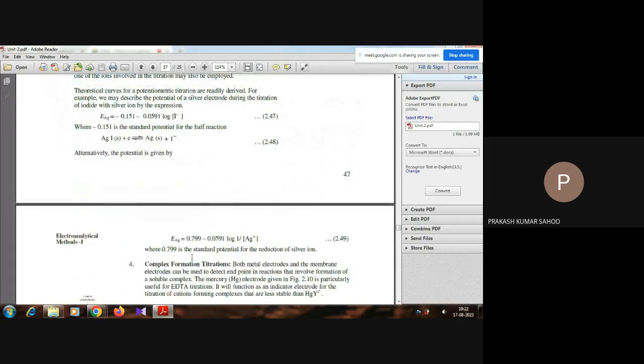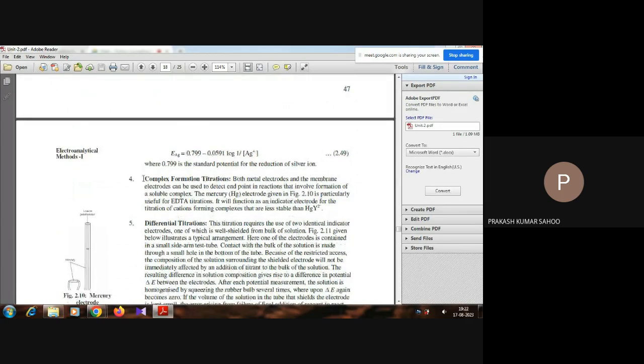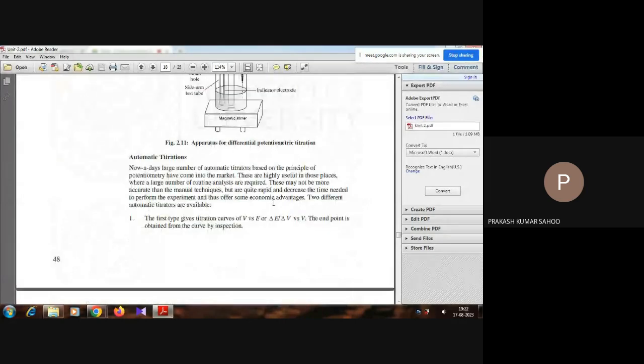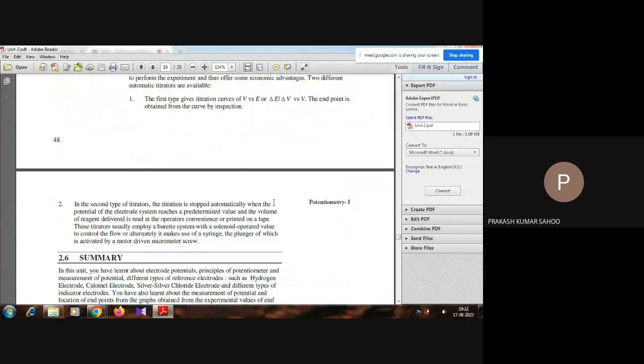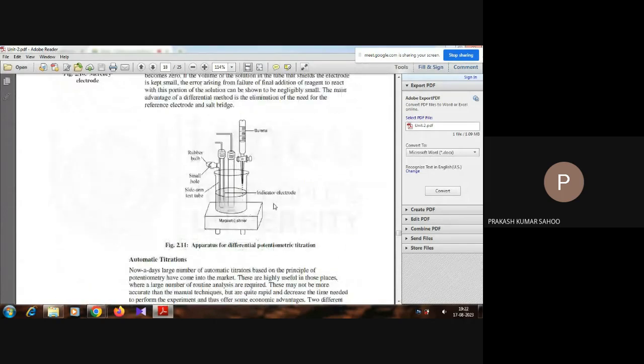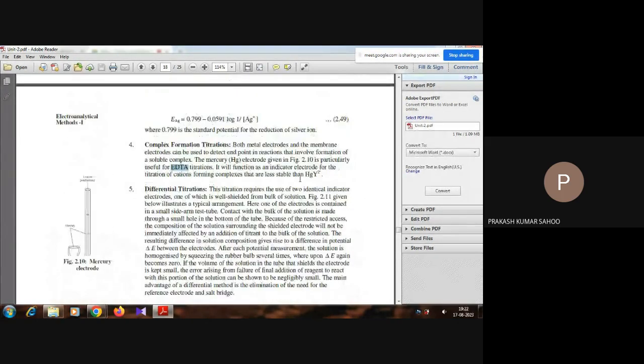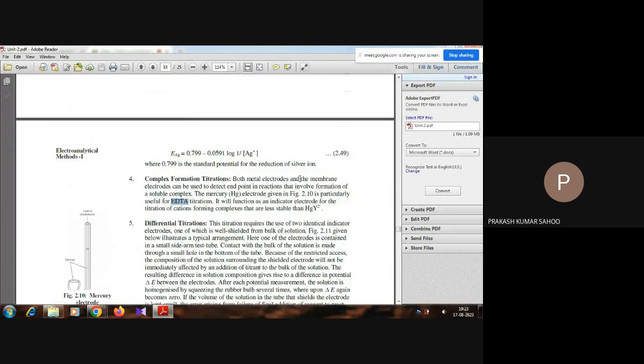These things also can be measured. Then complexometric titration with EDTA. Then we have differential titration also, and automatic titration also. So these are the things you have to read carefully. And there is a figure here, that is mercury electrode, the calomel electrode is here. And these are very much simple things.